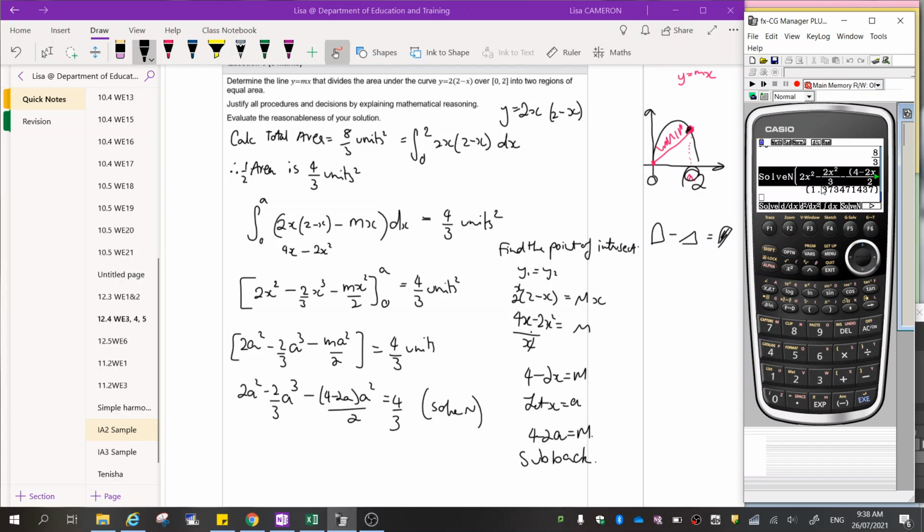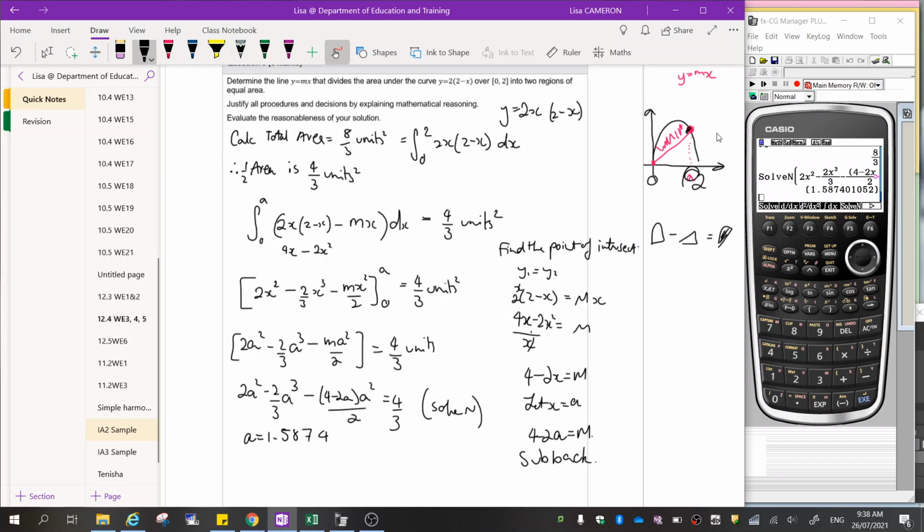So minus 2x, that should be a 3. That's where I've gone wrong. Okay, execute. That's better. Okay, so now we've determined that a is equal to 1.5874. Okay, so now we can calculate the gradient because, no, we can't.